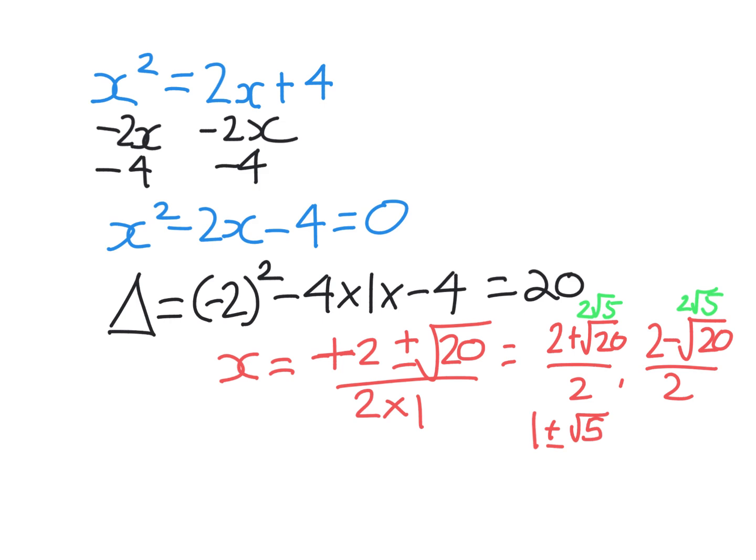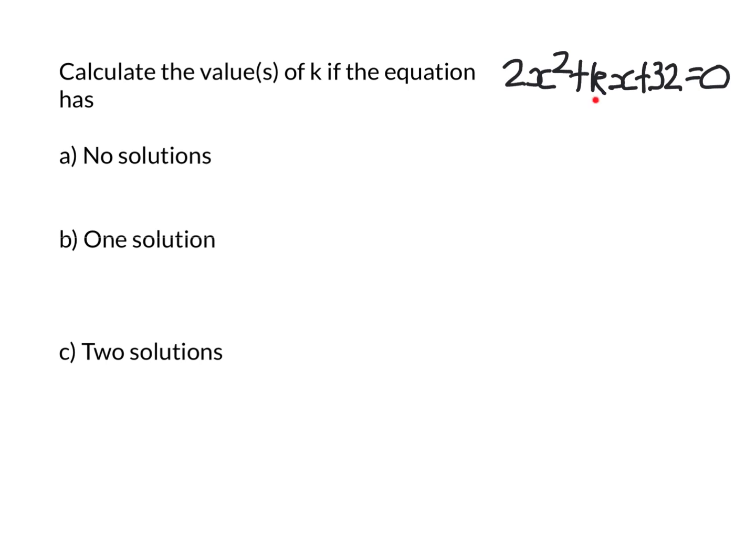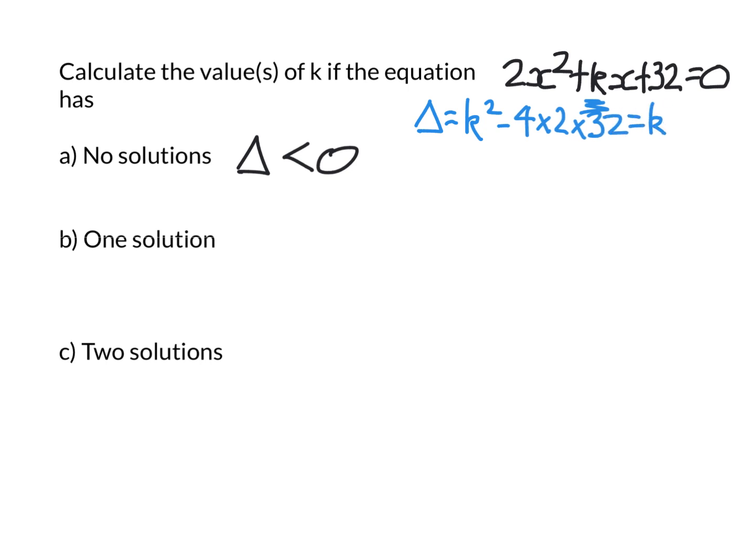All right, let's now look at an example in which we find one of the coefficients. This one's asking us to find the value of a coefficient given that we know the number of solutions. This equation will have no solutions if the discriminant is less than 0. Here b, the coefficient of x, is k. So the discriminant is b squared minus 4ac, so it's k squared minus 256.